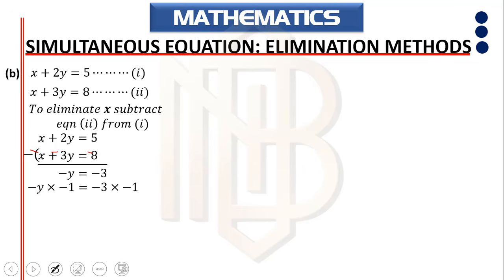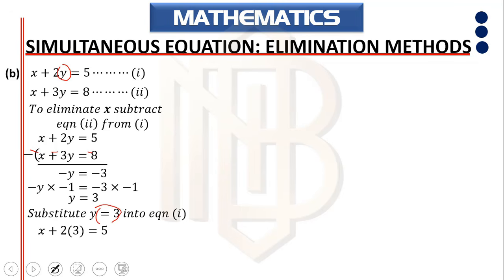If we multiply through by minus 1, we have y equal to 3. After getting the first value, which is our y, we substitute y equal to 3 into an equation. Like I said, you can use any equation. I decided to pick equation 1. So in place of y here, we put the 3.